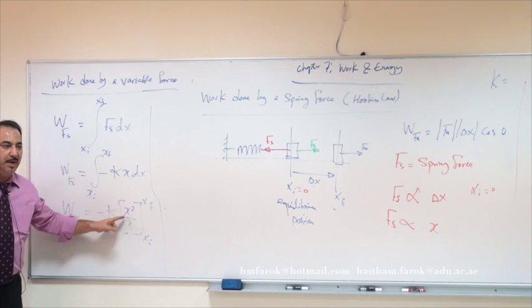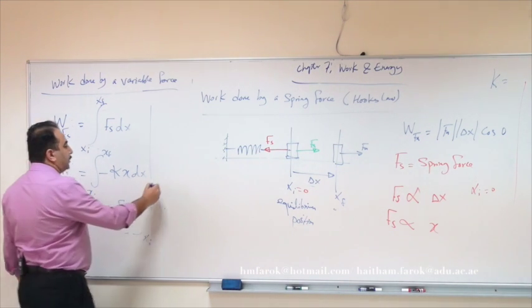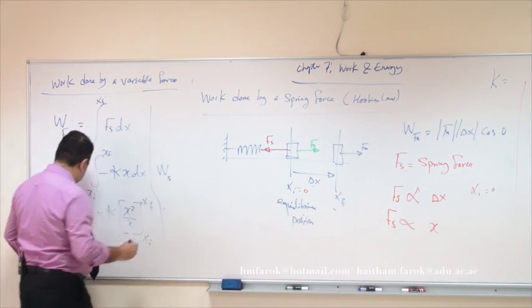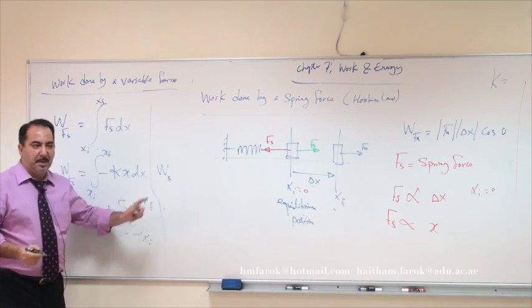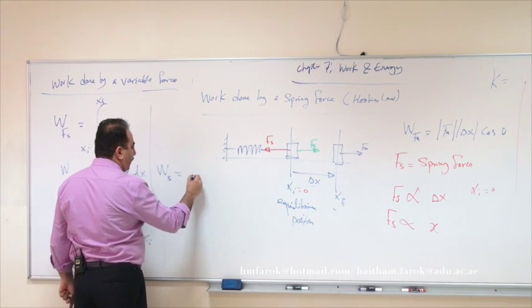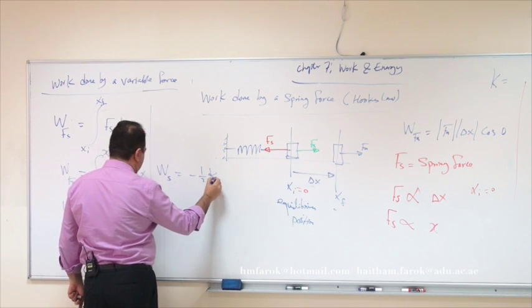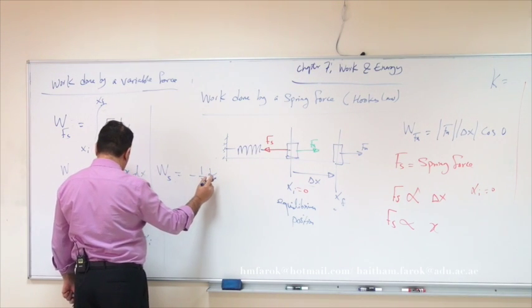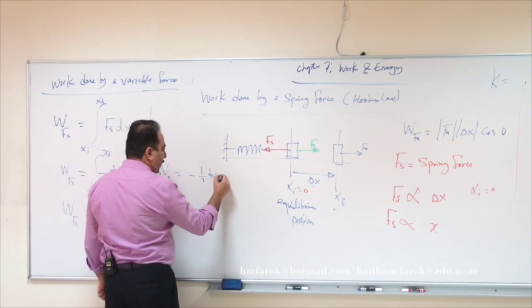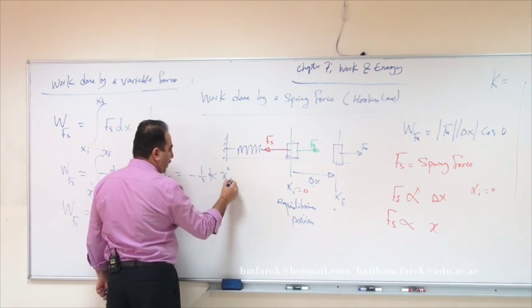Now substitute upper minus lower. So the work of a spring, instead of Fs, I put S, work of spring. Same. I'll have minus half kappa x square final.